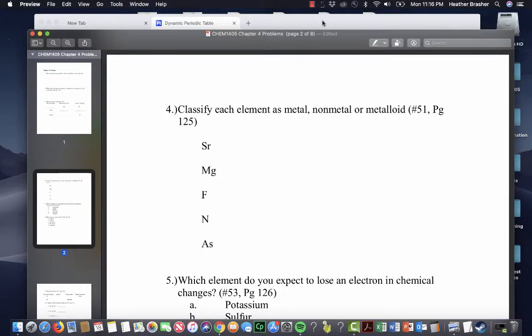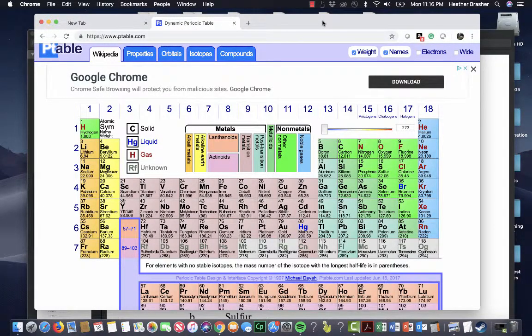So Sr is the very first one. You just kind of go through and you're like, okay, where is Sr? Can we find Sr in here? Where is Sr?